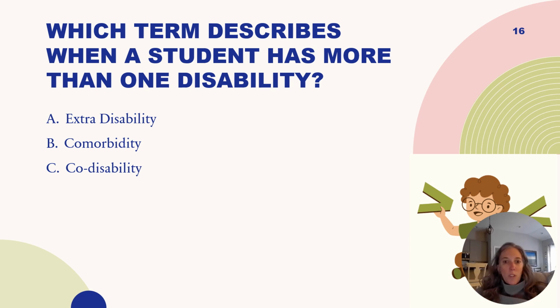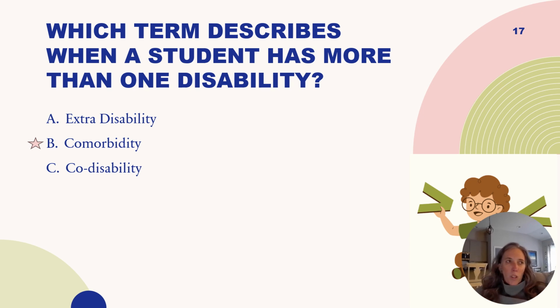Which term describes when a student has more than one disability? And the correct answer here is B, comorbidity, which basically means that you've got more than one thing going on at a time. So many students with disabilities will have other conditions known as comorbidities.